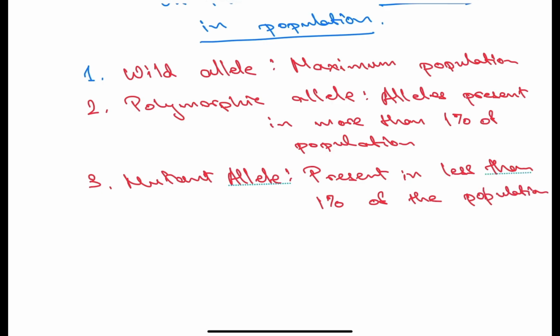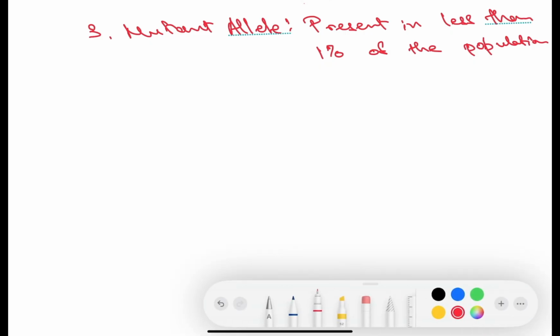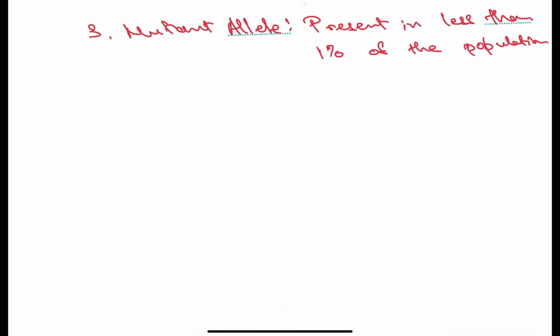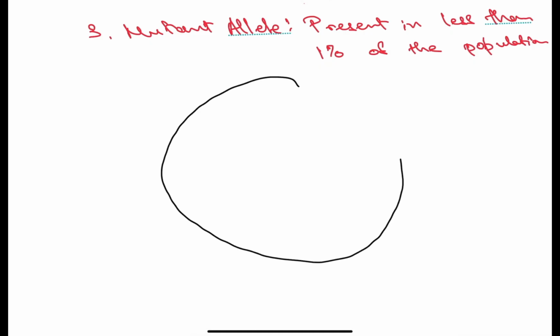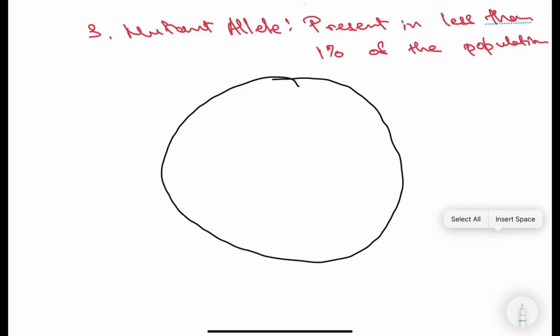Okay, suppose we take a population for an example. Let us say there is an area, and this is the occurrence of alleles.